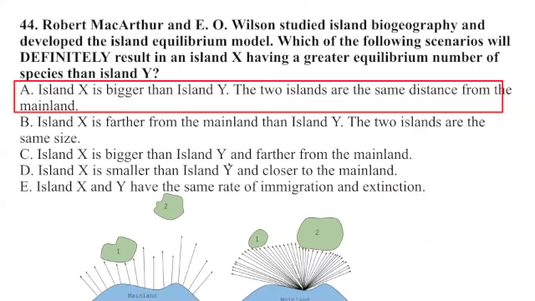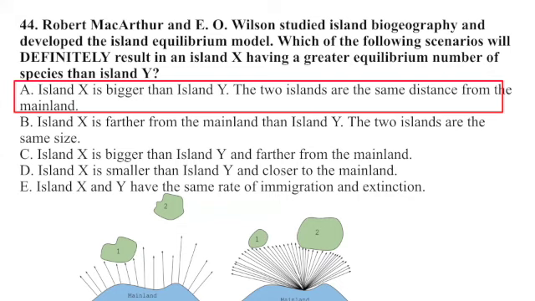44. Robert MacArthur and E.O. Wilson studied island biogeography and developed the island equilibrium model. Which of the following scenarios will definitely result in island X having a greater equilibrium number of species than island Y? This is from chapter 54 of Campbell.